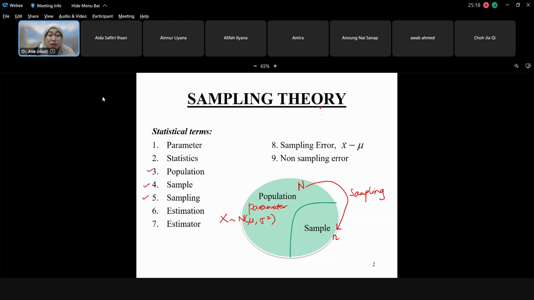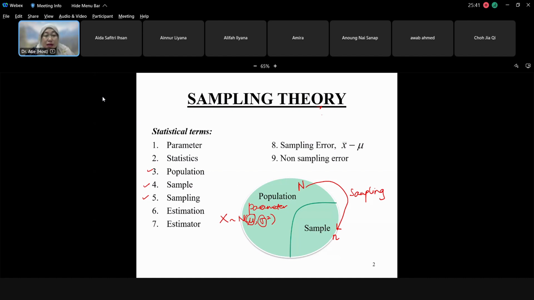So the parameters here, one of them is mu and also sigma square, the mean and also the variance for the population. But you need to know how to write the notation or the symbol correctly, because the symbol for population and sample will be different, right?